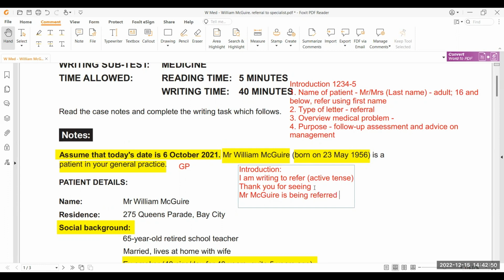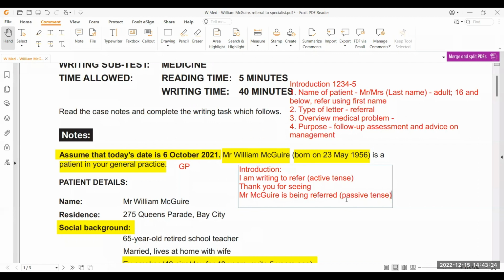Now this time we call this the passive tense, because here you're not indicating who is doing the referral. You are immediately saying who you're referring to the reader. So again in the introduction, between these two, I am writing to refer, Mr. McGuire is being referred, both are correct.